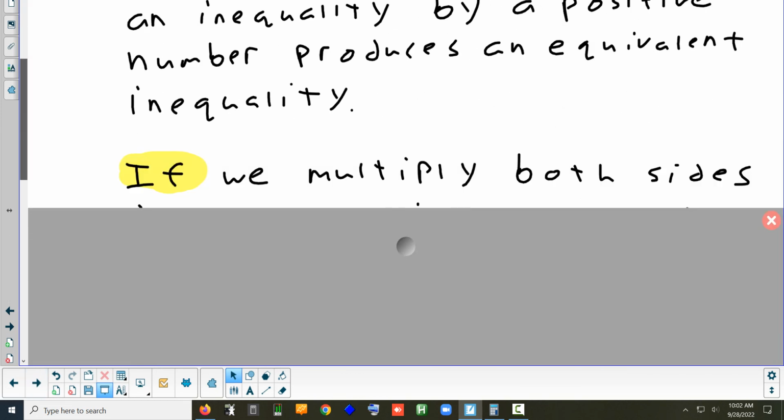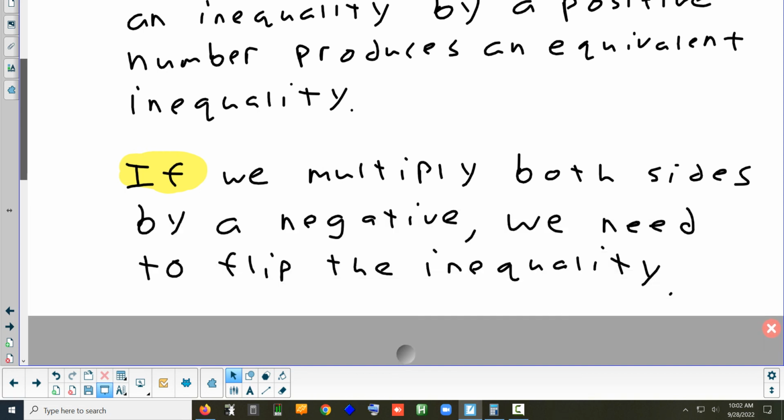But now this is the part you have to fill in on your notes. If you multiply both sides by a negative, it will only work if you take the sign and flip it around. That's how we can make it work. So if you multiply both sides of an inequality by a negative, you have to take the sign and flip it.